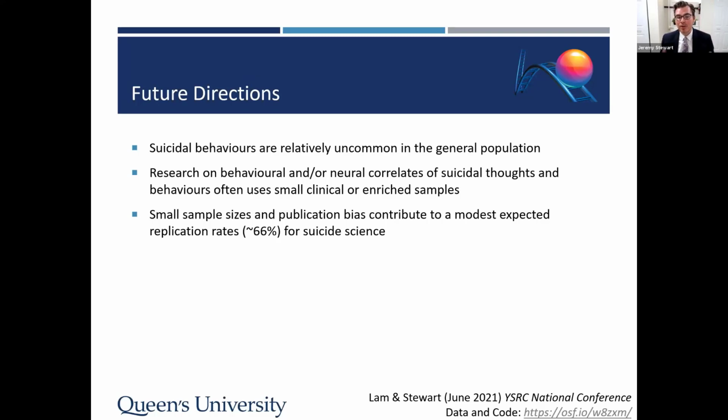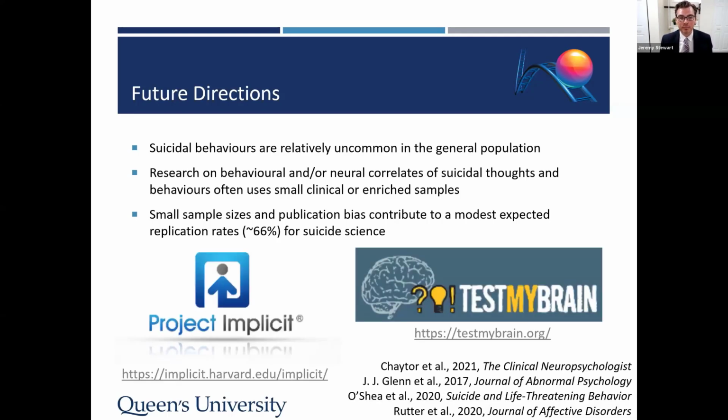I think MouseView provides an especially promising solution for this issue. So if we find evidence that this task is a valid measure of suicide cognition, the online delivery format is scalable so that it could be administered to nationally representative samples of thousands. That would yield critical information about the generalizability of our measure and its utility for understanding and predicting suicide risk.